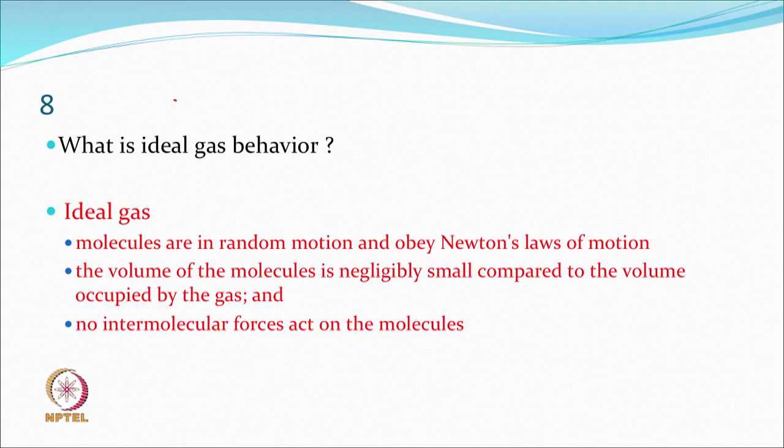You must believe that there is no ideal gas in general. An ideal gas would be one where the molecules are in random motion and they obey Newton's law of motion. If going in a straight line, it just keeps going in a straight line unless acted upon by some external force. So, they are in random motion.